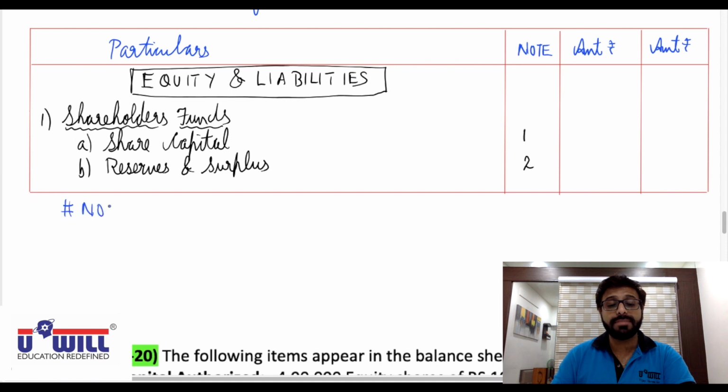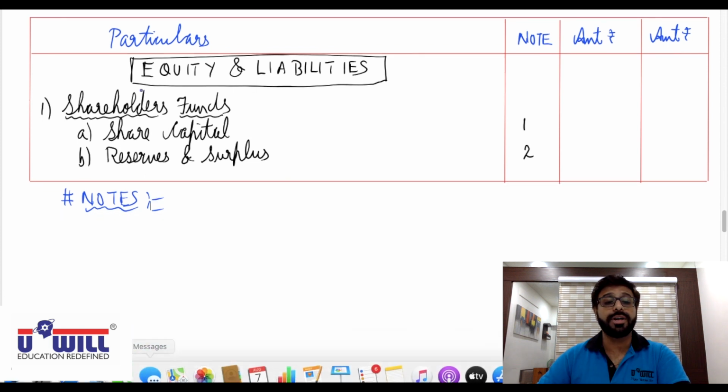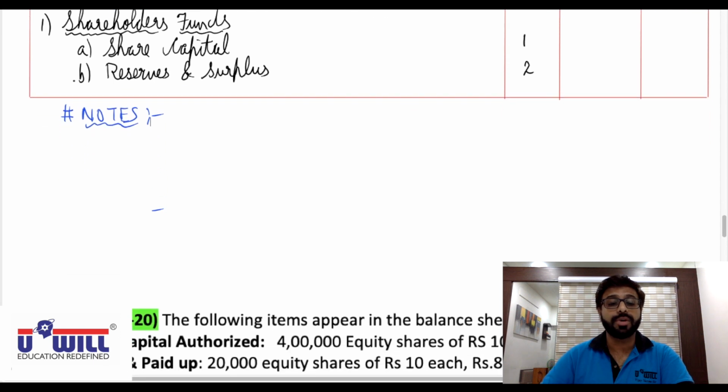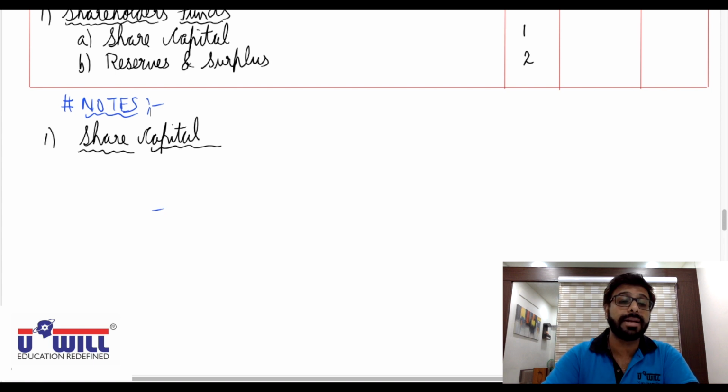Okay, so now let's make the notes of share capital and reserves. First note, share capital. Now what amount will come in share capital? Understand it, everyone?